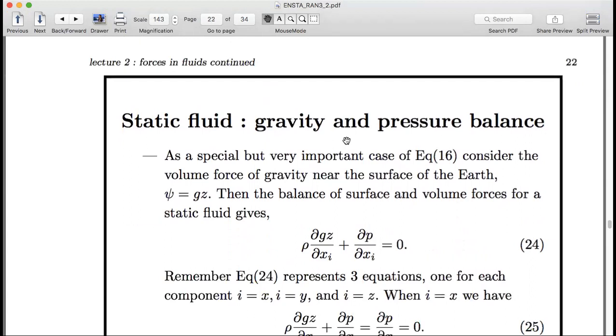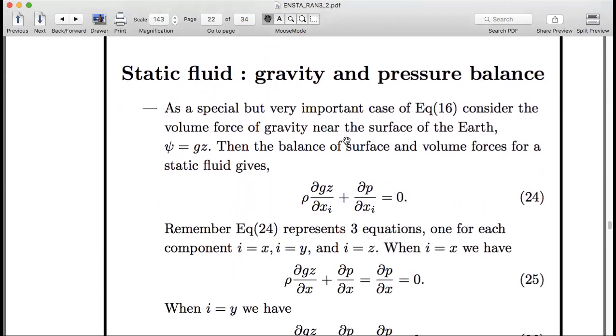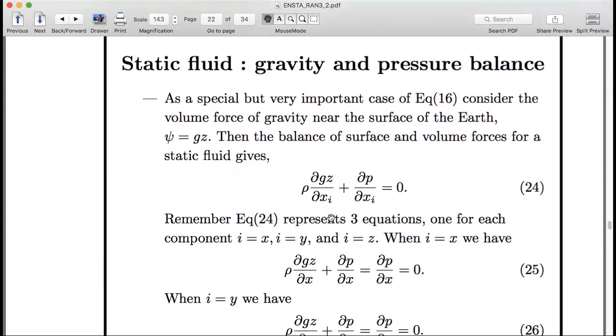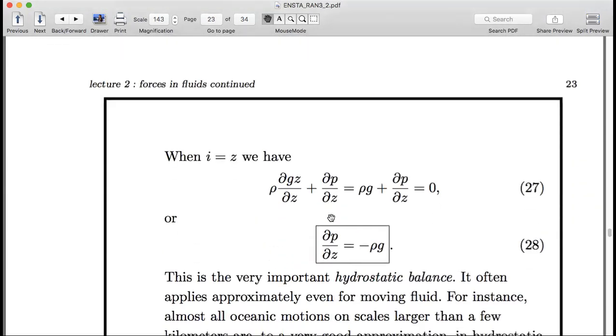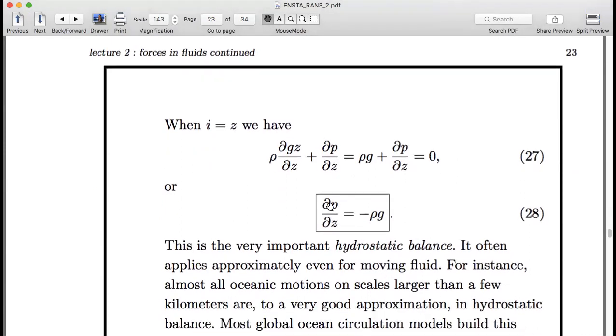And then this equation that we derived corresponds to hydrostatic balance. So this says that the pressure gradient equals minus rho, the density of the fluid, times 9.8.